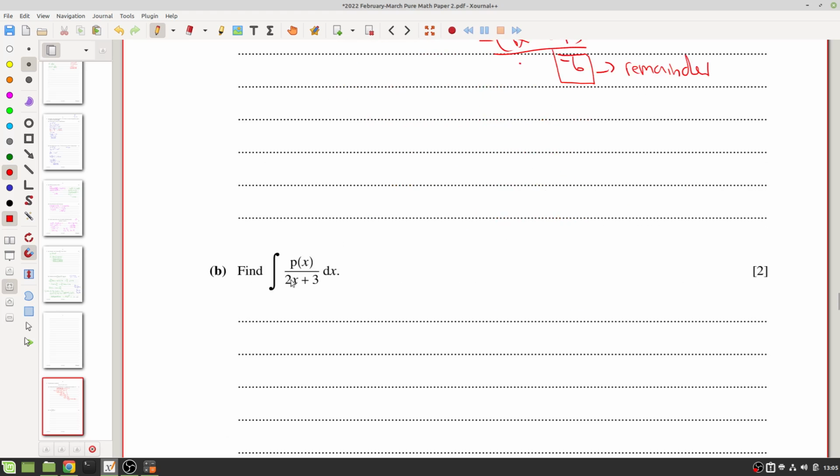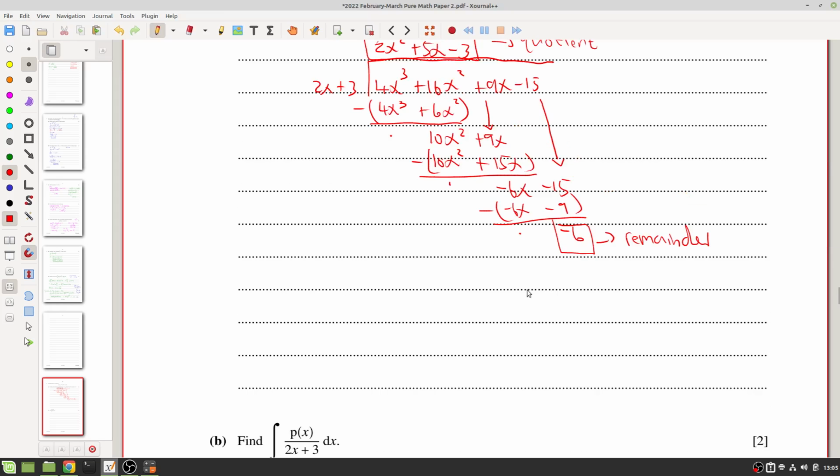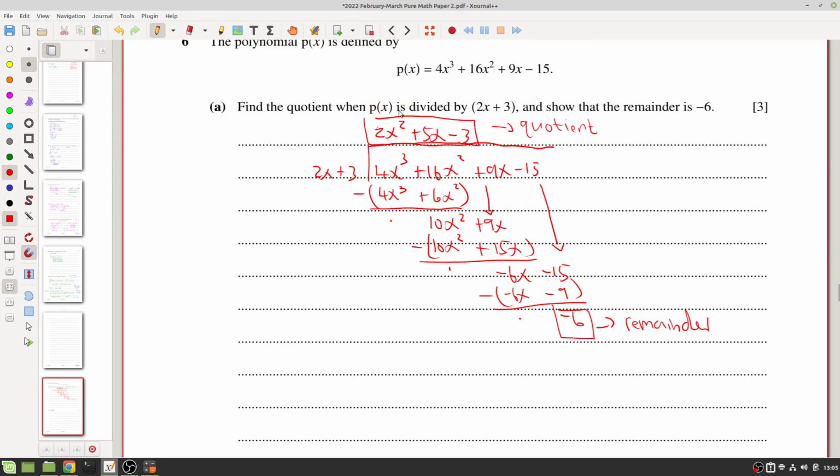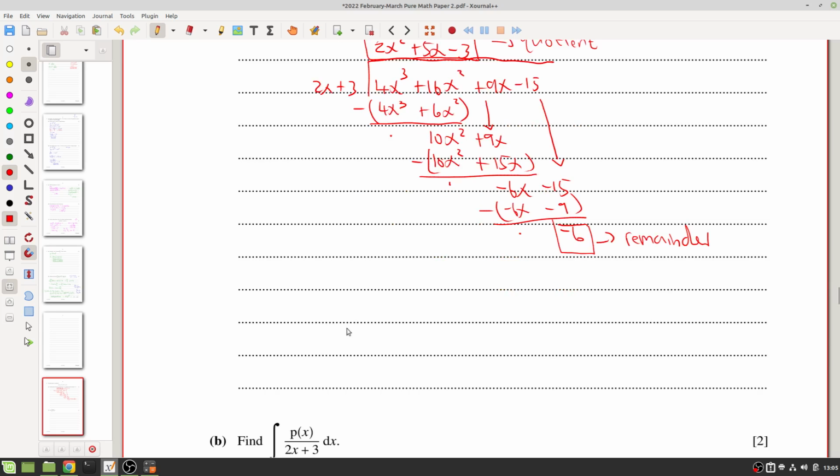So now find the integral when p(x) is divided by 2x plus 3. Okay, so p(x) is basically saying, if you divide this whole p(x) thing by this, we get that with the remainder of this. And this remainder means it's plus the remainder over the divisor. Let's just check.